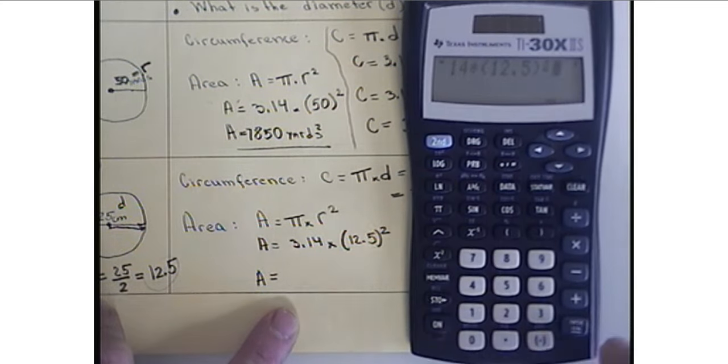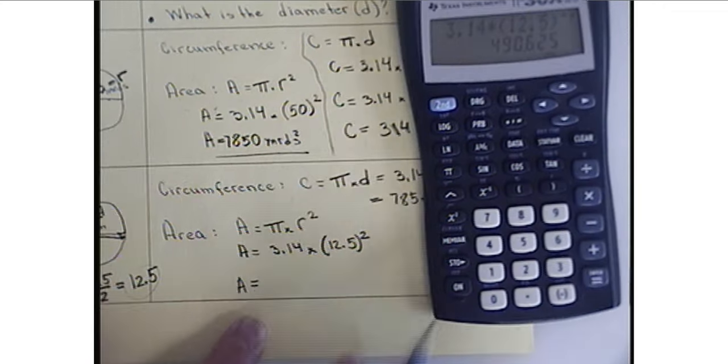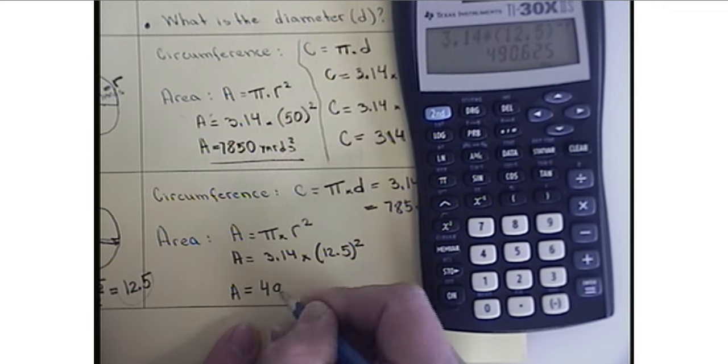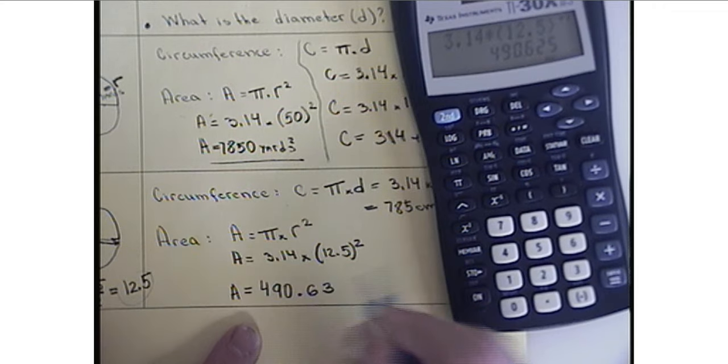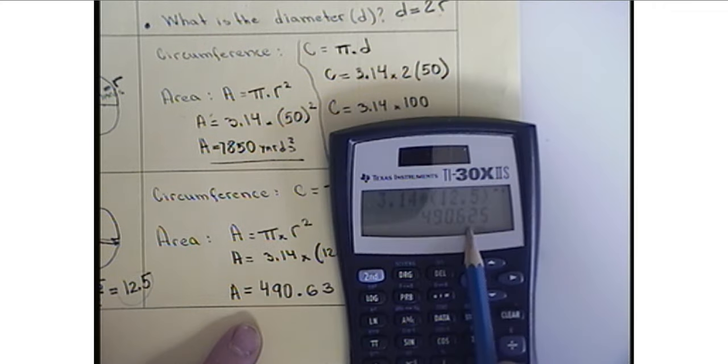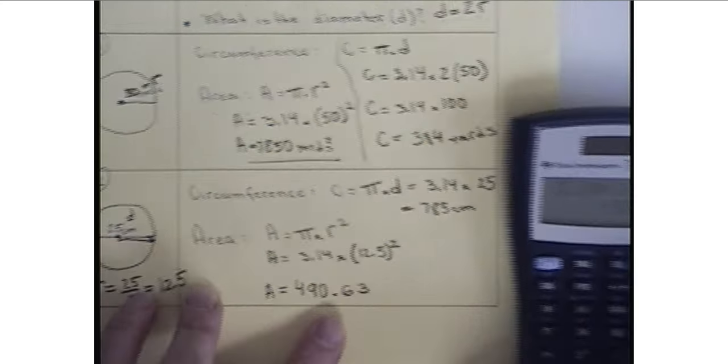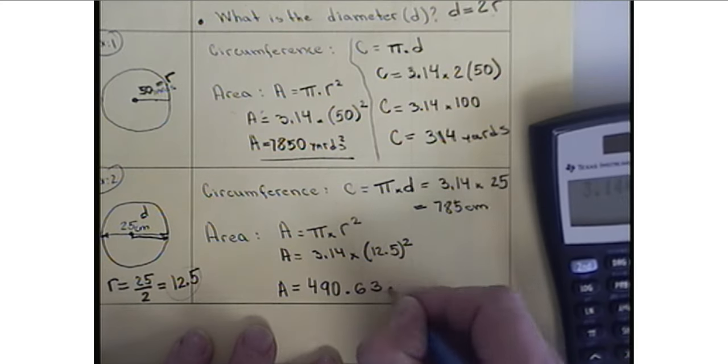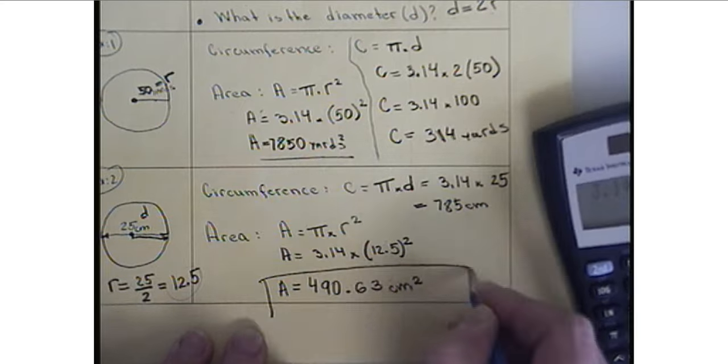So x to the second will give us 490.625. I'm going to round this number to 490.63 centimeters square will be the answer for the area here.